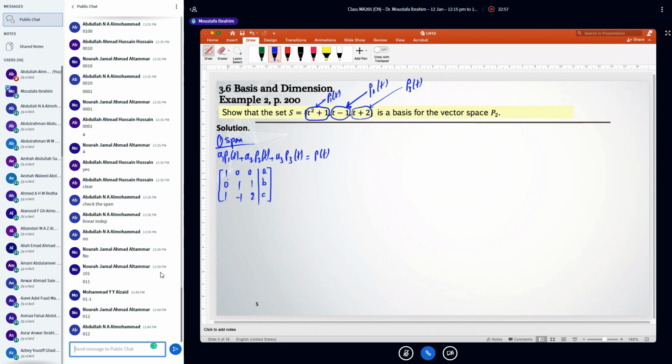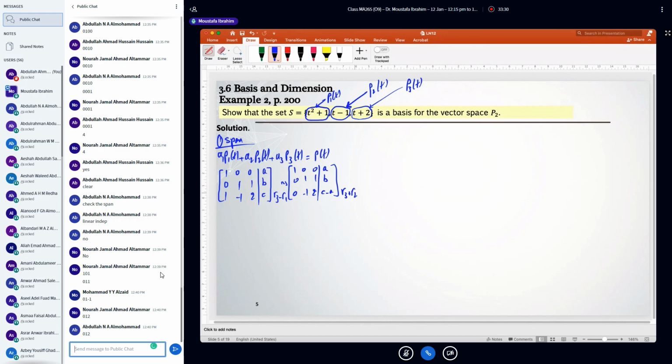Now we have leading 1. We make everything below it 0. Here already 0. Here R3 minus R1. So 1, 0, 0, A. 0, 1, 1, B. 0, minus 1, 2, C minus A. We are lucky we have directly here a leading 1, so we cancel minus 1.